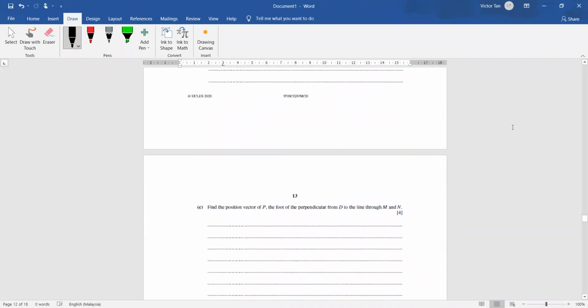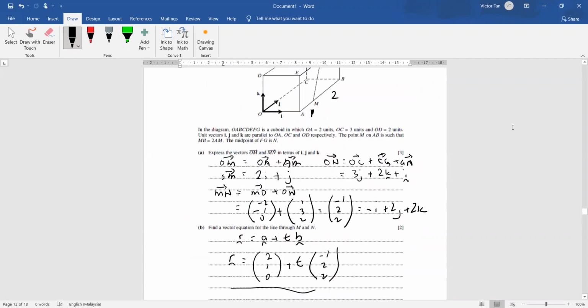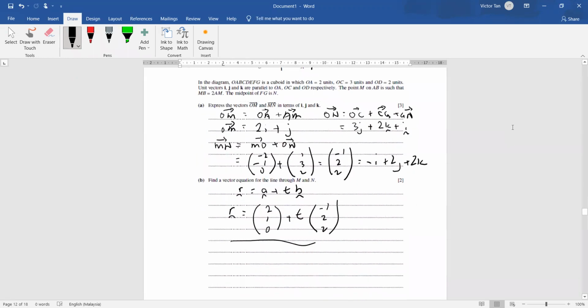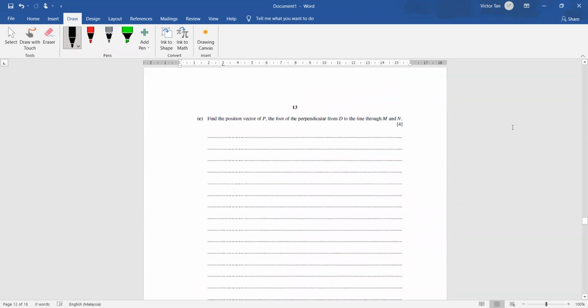Find the position vector of P, the foot of the perpendicular from D to the line MN. So this will be 90 degrees to MN. The position vector of D, OD, equals (0, 2, 0).